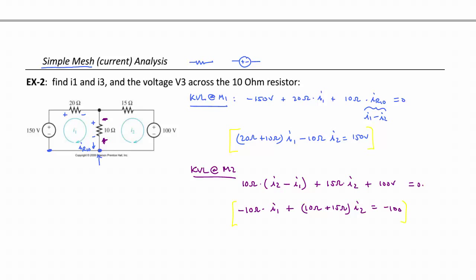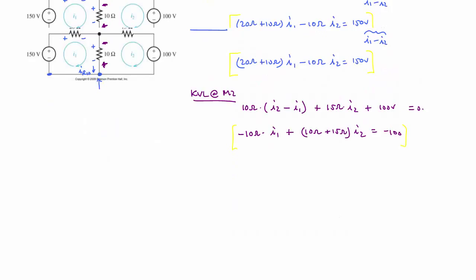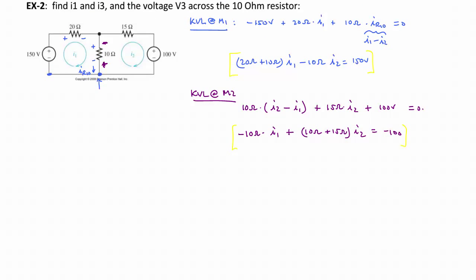We can now go back and write this in matrix form. So therefore, we're not going to have a conductance matrix. Notice how all of these terms here are resistances.